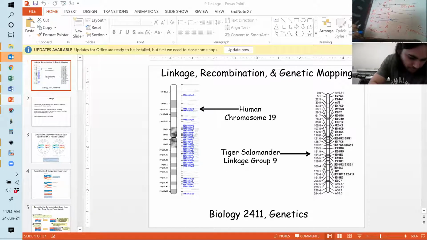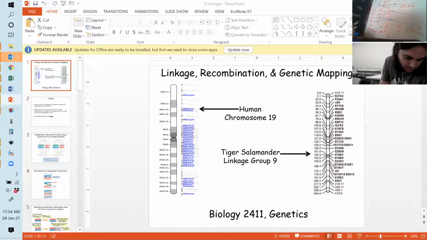Now you're 3 times more likely to have a recombination event, right? And now that could be here, it could be here, it could be here.